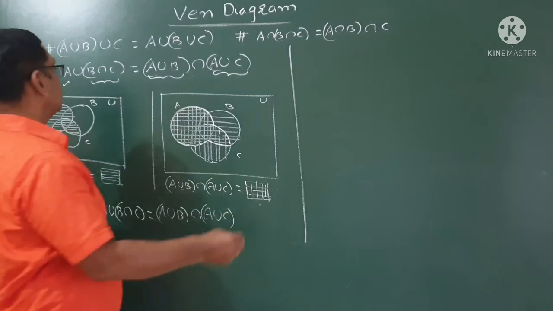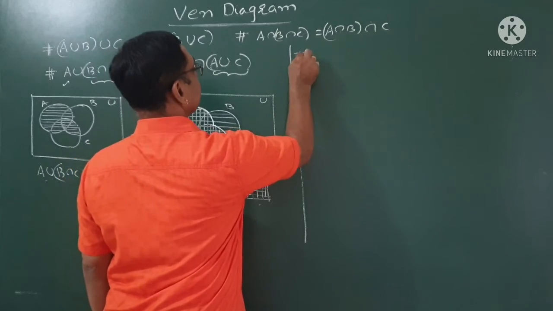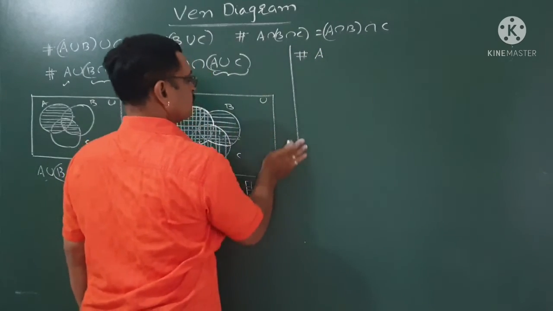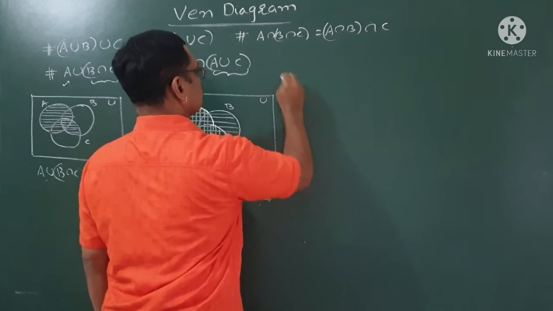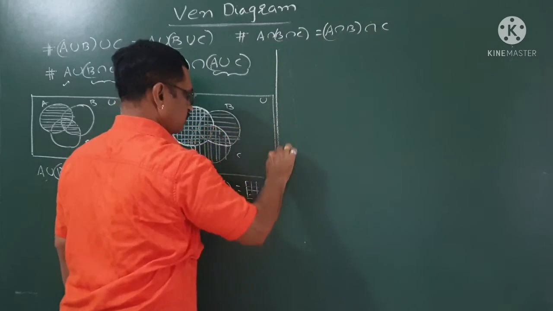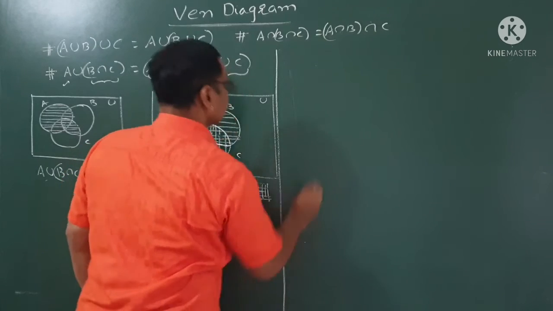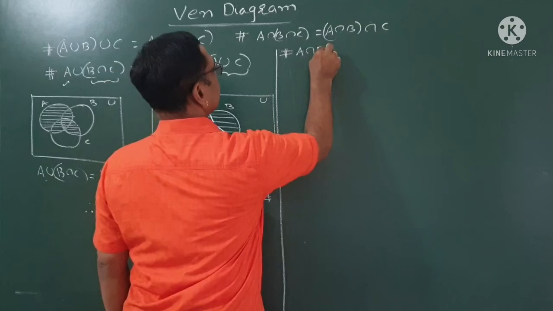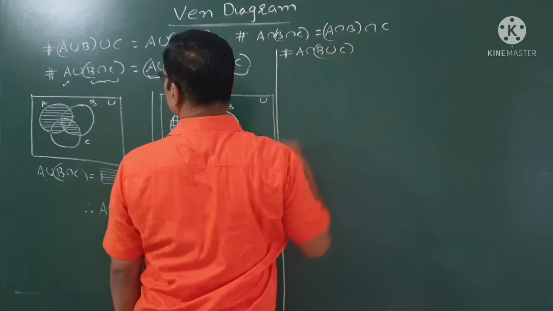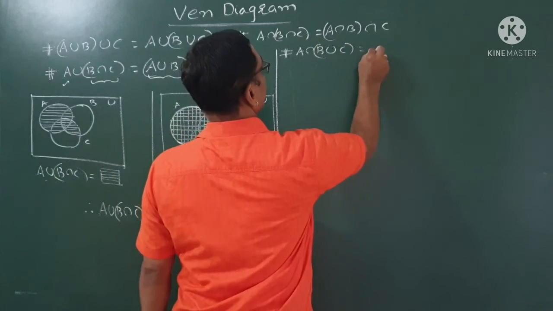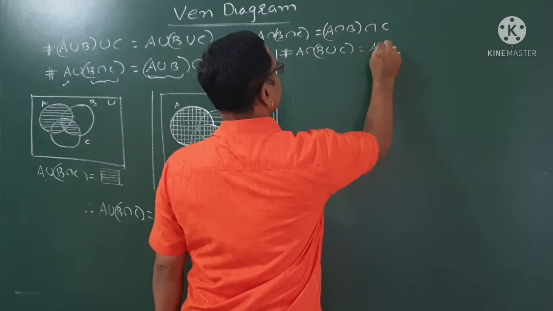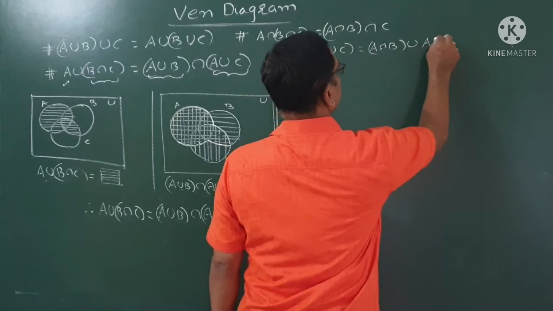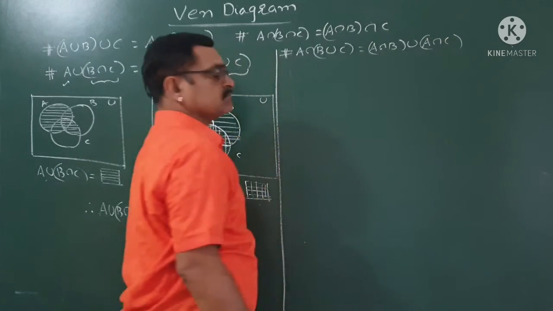Next come to another, the second one. A intersection (B union C) is equal to (A intersection B) union (A intersection C).